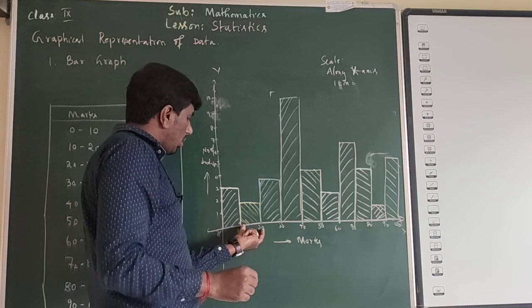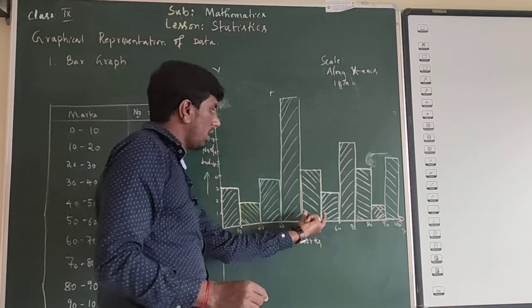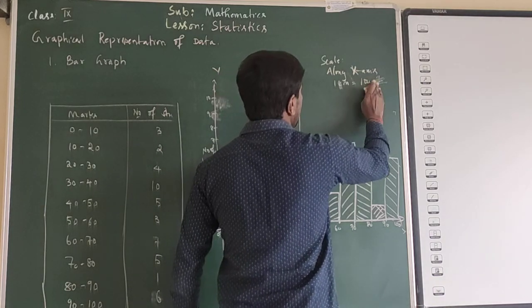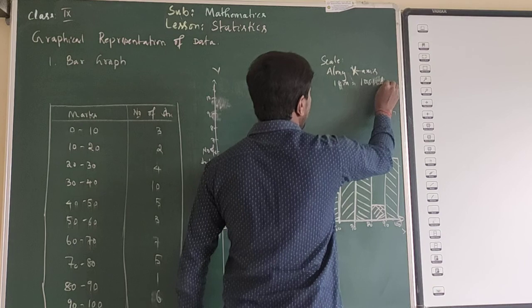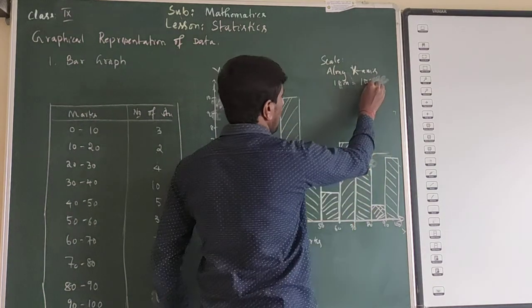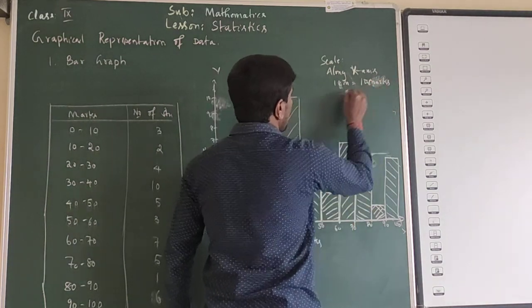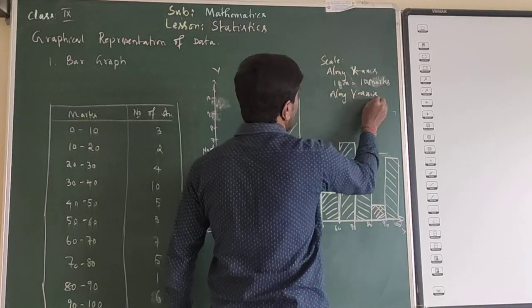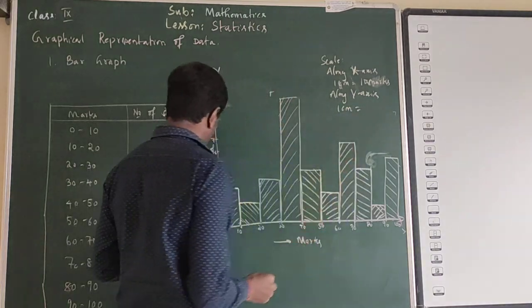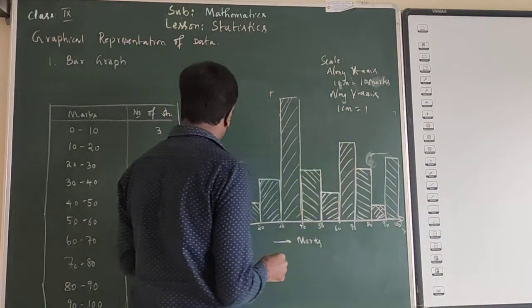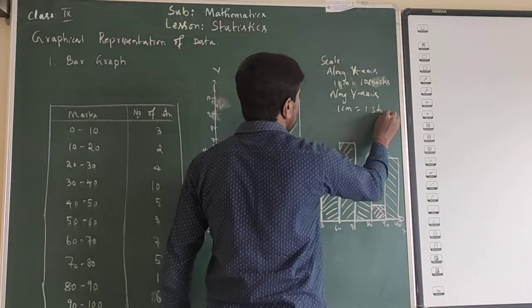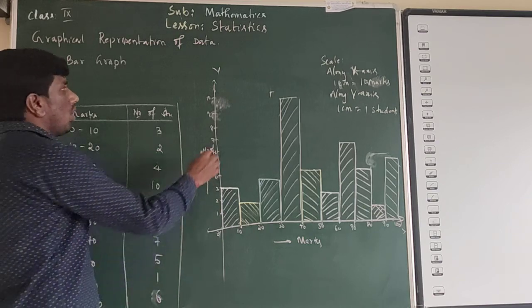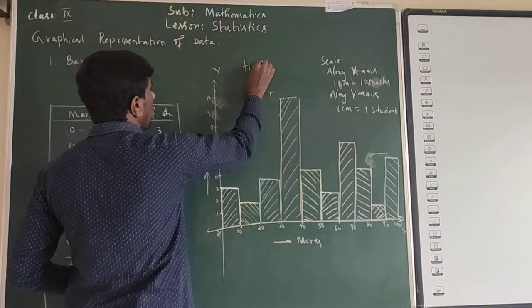The difference between the marks is 10, all are 10. So 10 units, that means 10 marks. Along the y-axis, 1 centimeter is equal to 1 student. So this is the scale and this is the histogram for the particular information.